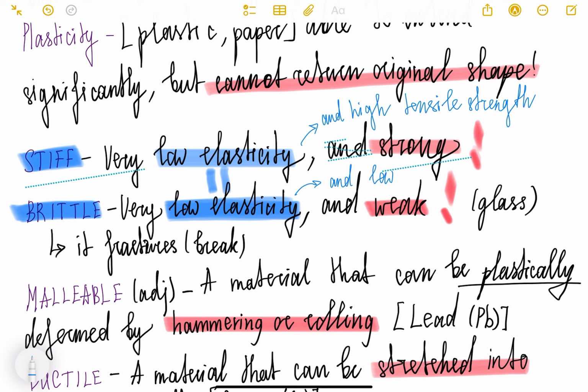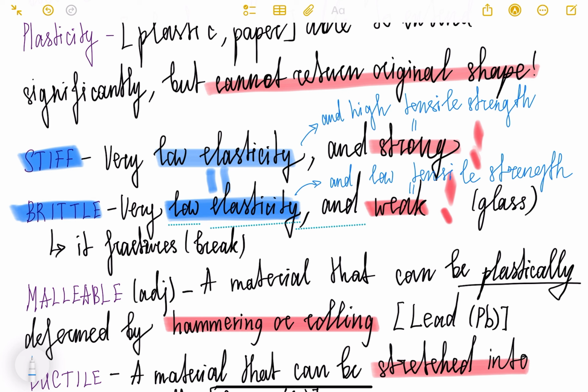I could not find it correctly because I just remembered strong or weak, but high tensile strength is equal to strong and low tensile strength is equal to weak, okay?